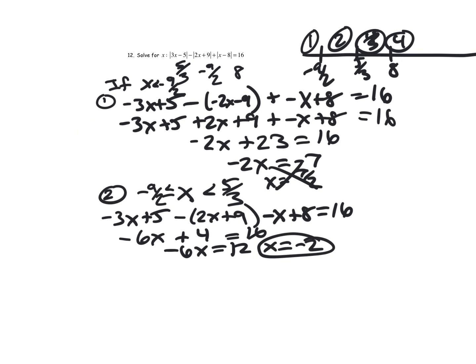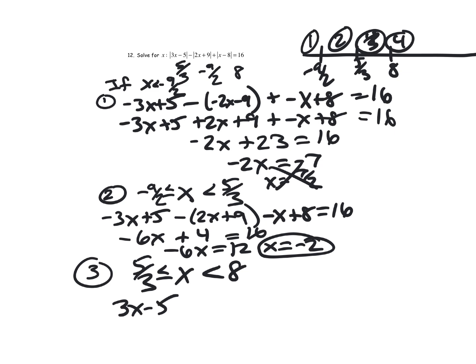All right, halfway there. Third case is x greater than or equal to 5/3, and then we'll do less than 8. So 3x, if I think of a value like 2, 3x minus 5 will be positive. Same with the 2x plus 9. So right now the absolute value is just acting as parentheses. And then the x minus 8 will still be negative, so minus x plus 8 equals 16.